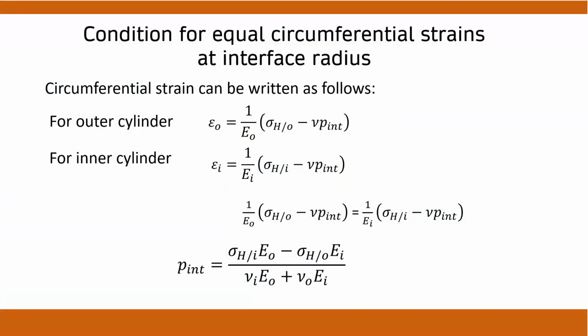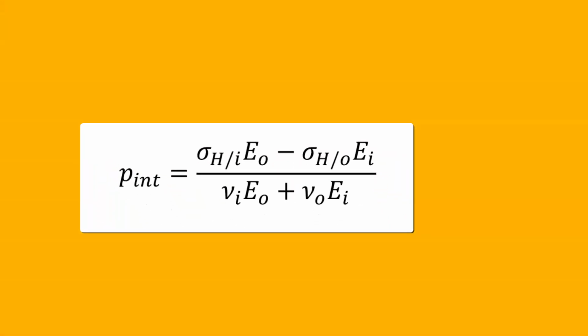Let us now look at how to find values of stresses of the compound cylinder composed of 2 different materials, when subjected to an internal pressure. One of the equations we can use is that of equal circumferential strains at the interface due to applied internal pressure. For this we can use the equation given here.